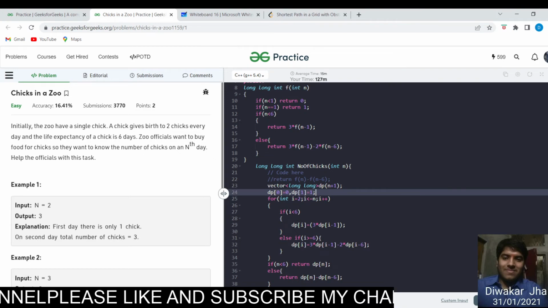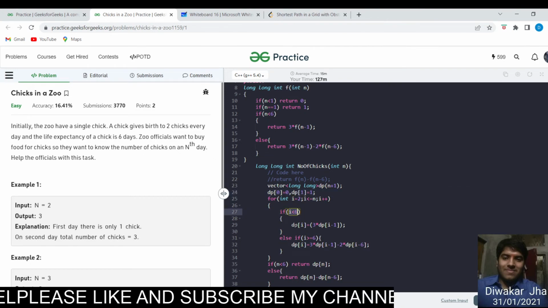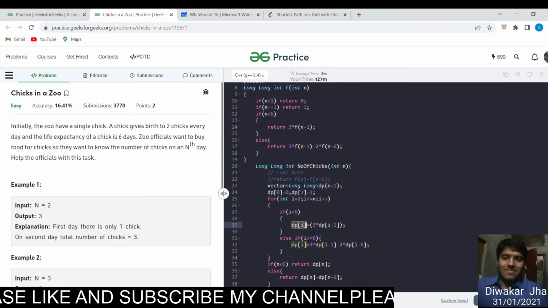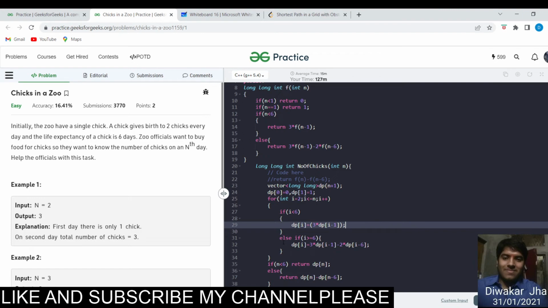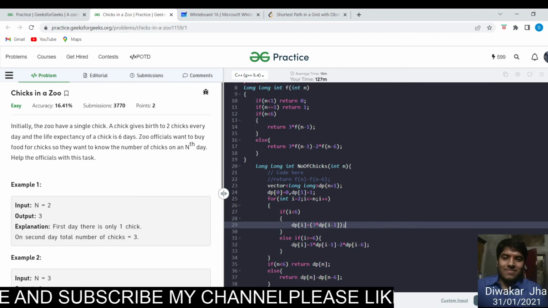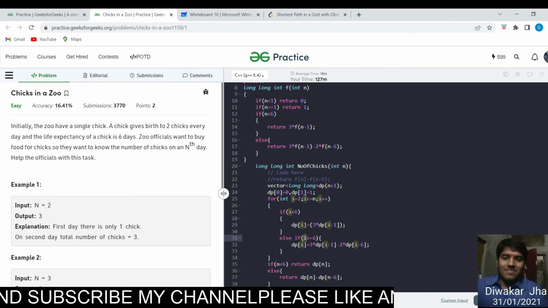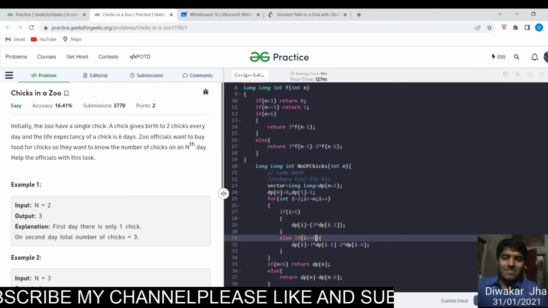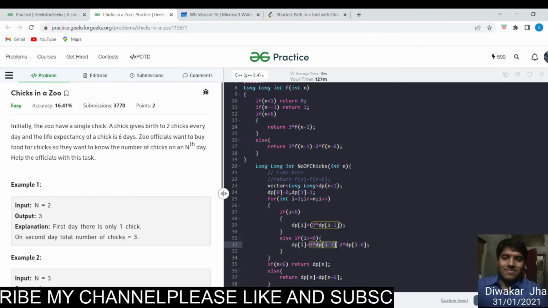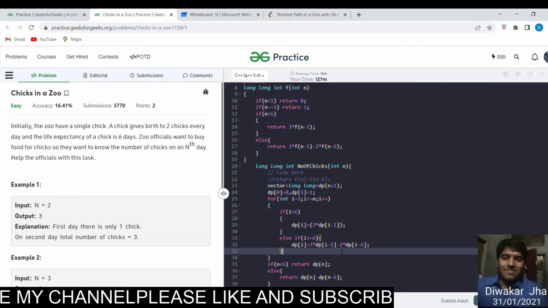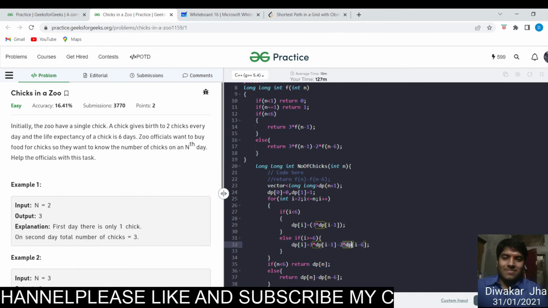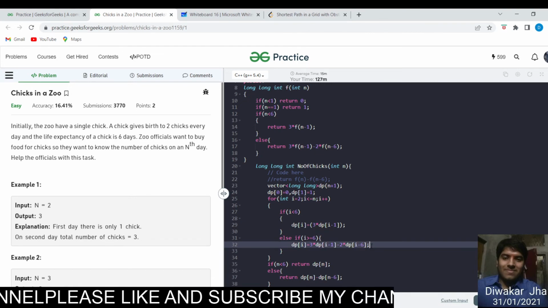If i is less than 6, we simply multiply by the previous value, and else if i is greater than or equal to 6, we multiply the previous value by 3 and subtract twice dp of i minus 6, those who have spent the 6th day of life.